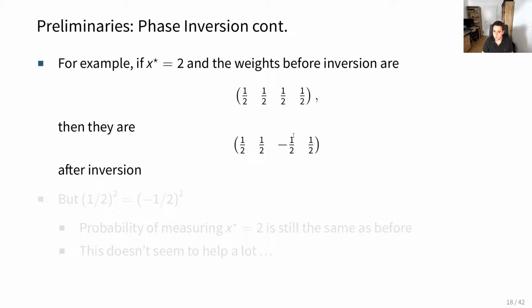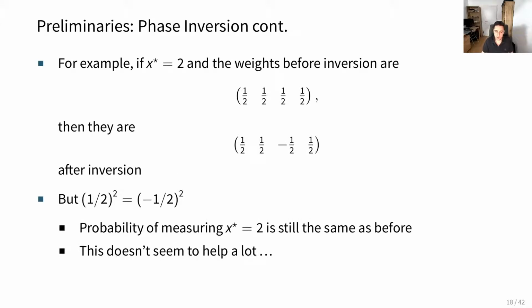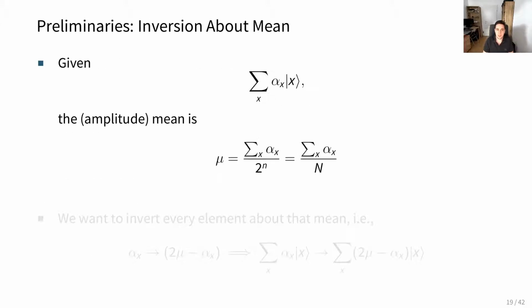So we inverted this weight. This is all nice, but still 1/2 squared is the same as minus 1/2 squared. What this means is that if we measured the output state after the phase inversion, the probability of getting the correct or wrong answer would be the same as before. So this doesn't change anything, and doesn't seem to help a lot. Okay, let's leave it there and focus on the second building block.